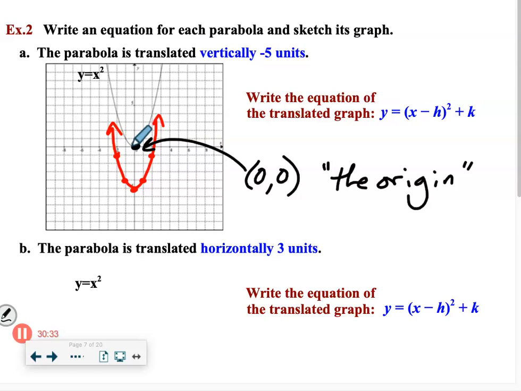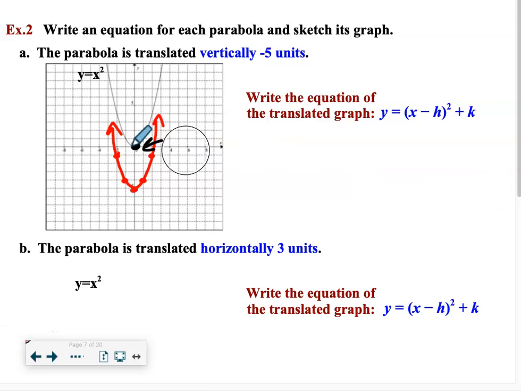So last night when your homework said rotate about the origin, it meant rotate it around that center point, 0, 0, right? If you don't know, it's a really important math term, you're going to hear it a lot. So the origin. All right.